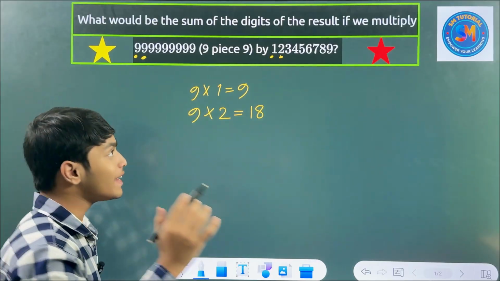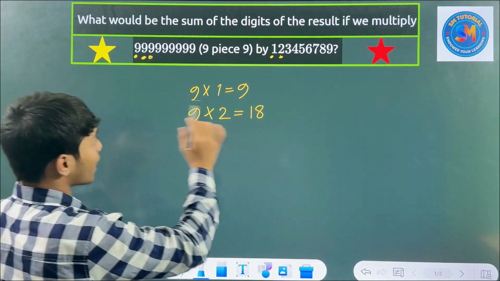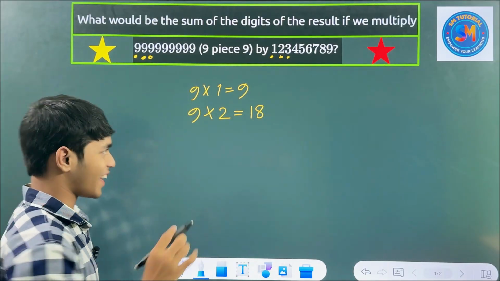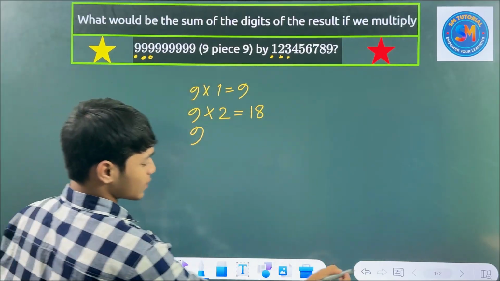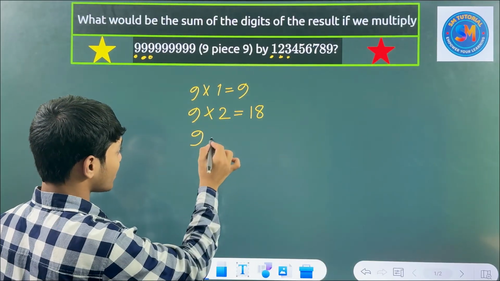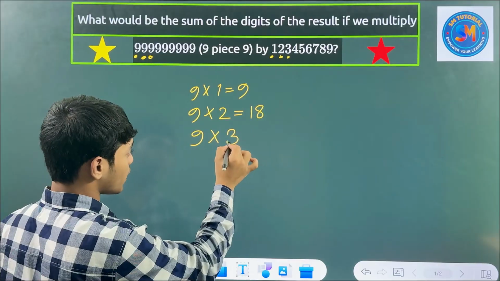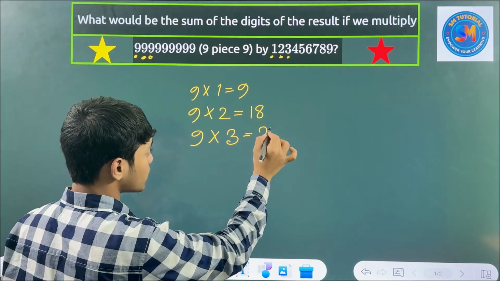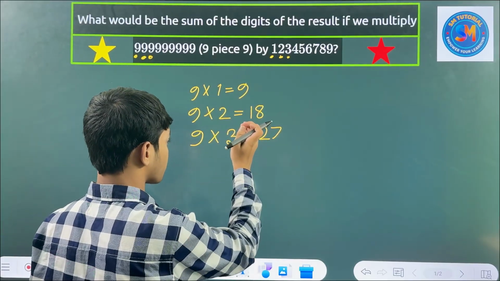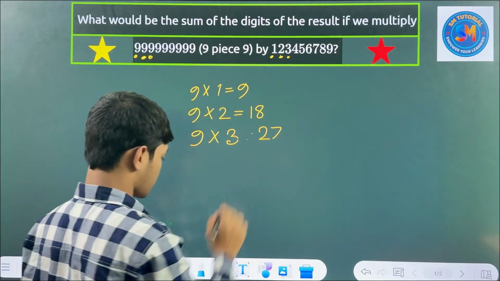And then again, we will do 9 into 3. Oh, sorry, it looks bad. 9 into 3, this will be 27. Okay, so this will be 27 actually.